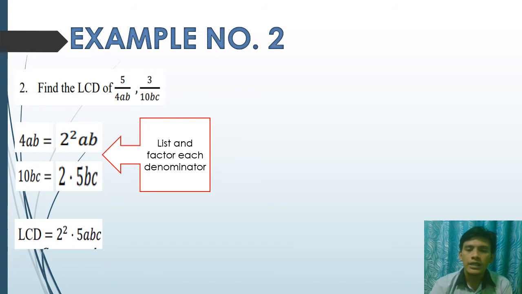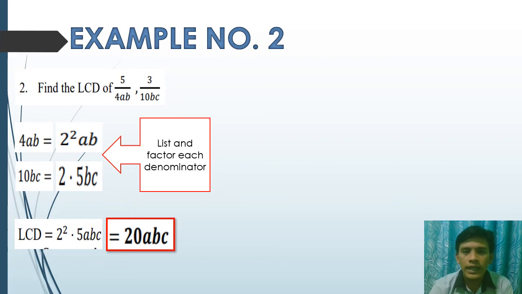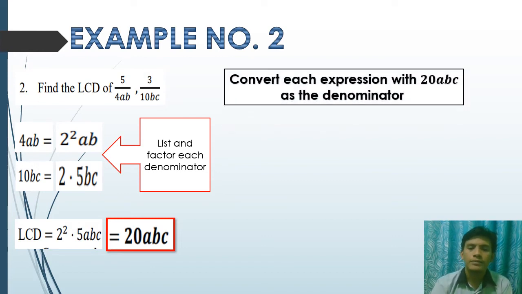Our LCD is 2 squared times 5abc. 2 squared is equal to 4 times 5, and that is 20. And our final LCD is 20abc.